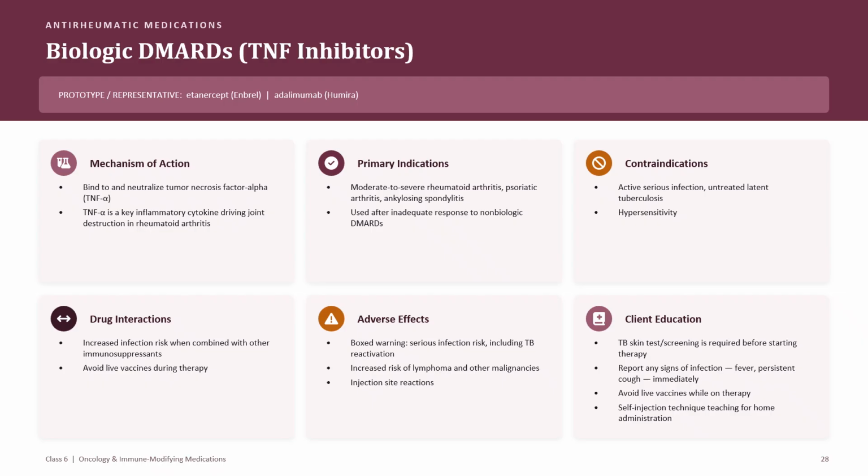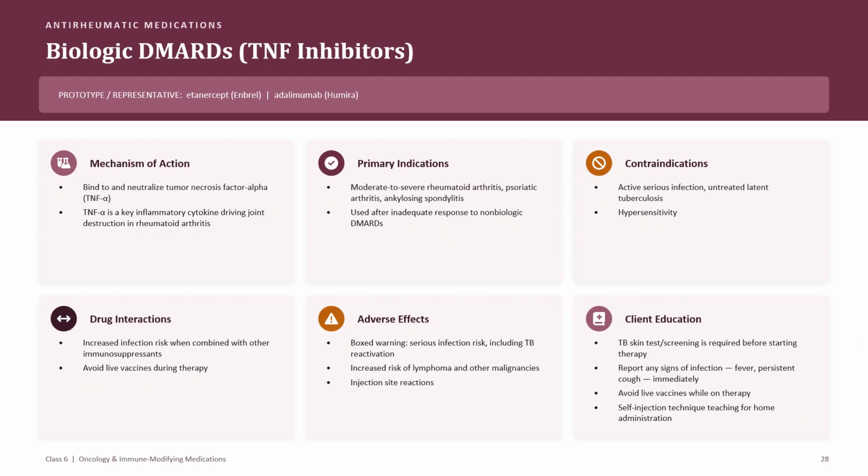So here's a mechanism to risk connection that I want you to actually reason through, because it's a great example of why understanding mechanism beats memorizing a list. TNF isn't just involved in rheumatoid arthritis. It also plays a normal role in keeping latent tuberculosis contained, dormant, walled off inside of the body.